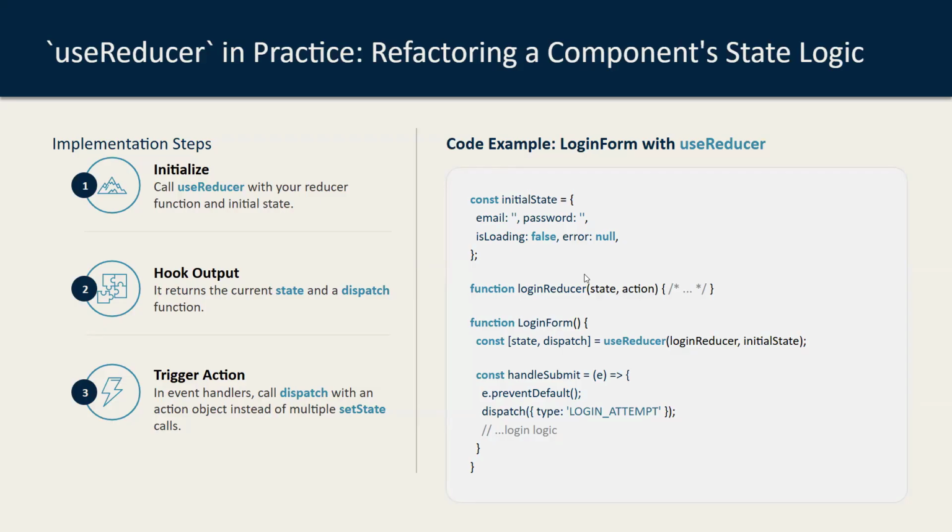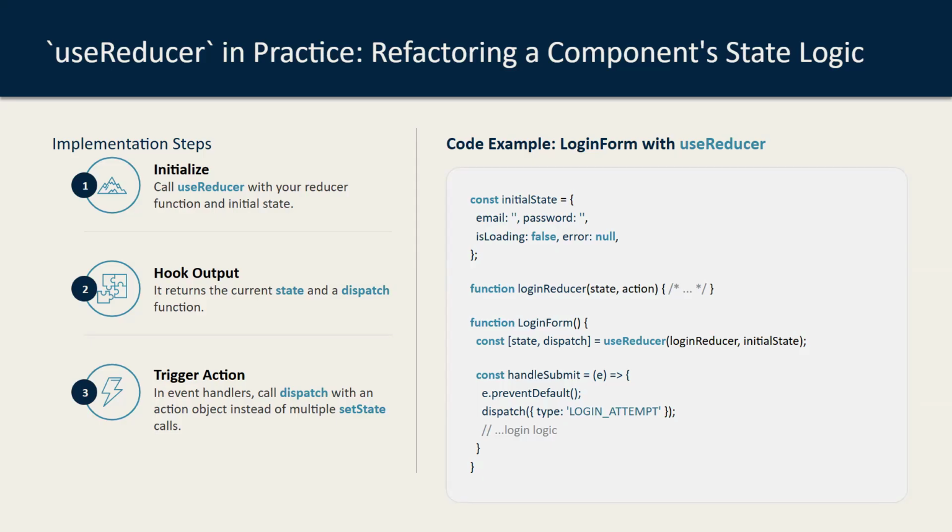This is similar to useState, but instead of getting a setter function, we get the dispatch function. And the third step is triggering actions. Inside event handlers, instead of calling several state setters, we call dispatch with an action object, and that action describes what happened, and the reducer decides how to update the state.